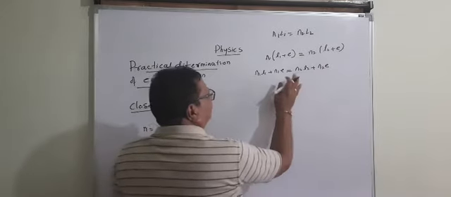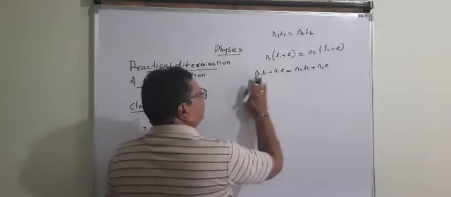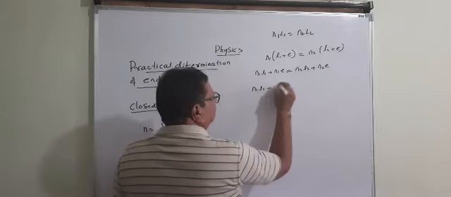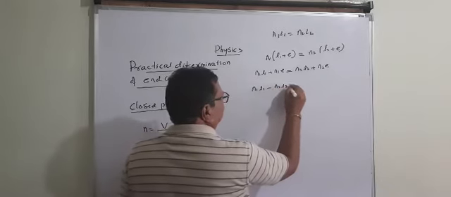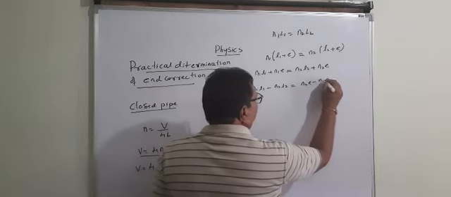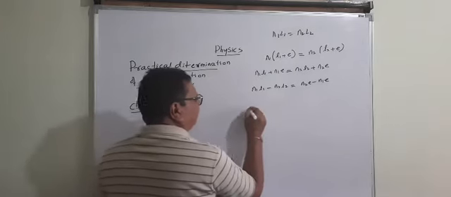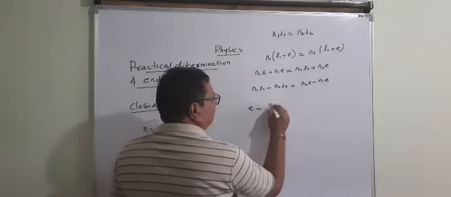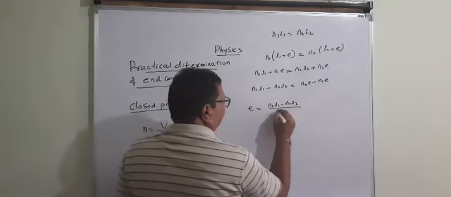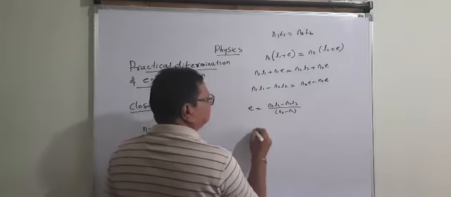Again simplify. Let us take the E quantity on one side and N1 L1 on the other side. N1 L1 minus N2 L2 is equal to N2 E minus N1 E. Or if we simplify, we get E is equal to N1 L1 minus N2 L2 over N2 minus N1.